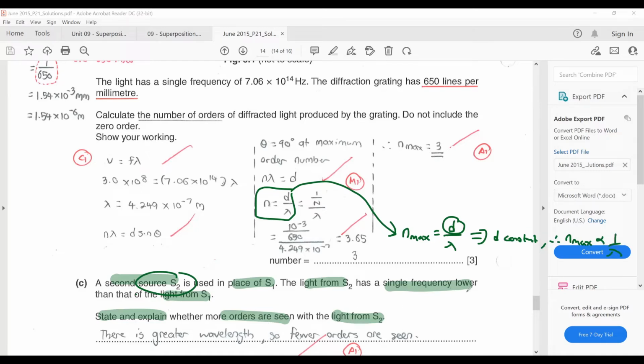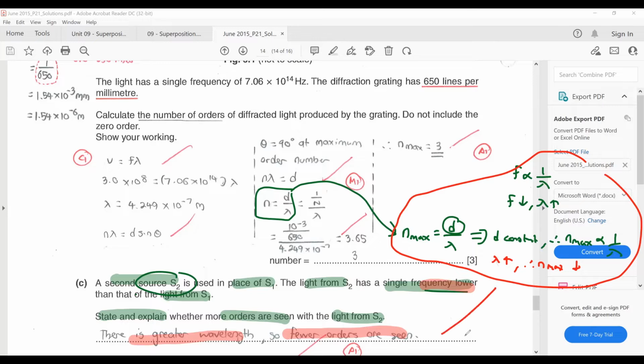And here they told you frequency is lower. Frequency is inversely proportional to wavelength. If frequency is lower, that means wavelength is higher. So wavelength increases, therefore n max should drop. So your answer is you have a greater wavelength because you have a lower frequency, therefore you have fewer orders seen. Whatever you see here is the idea behind this.